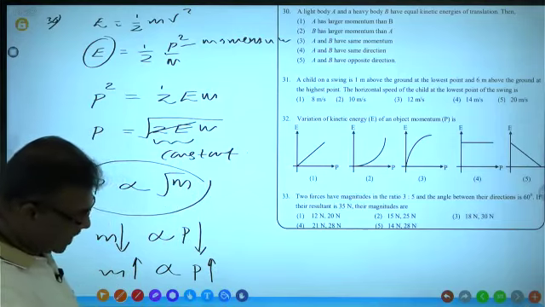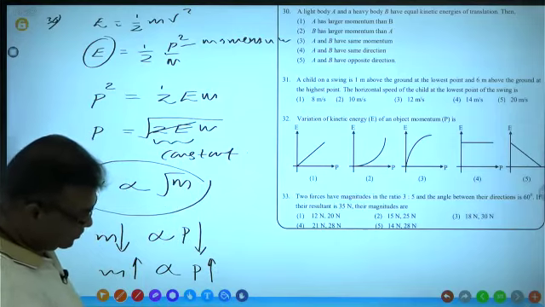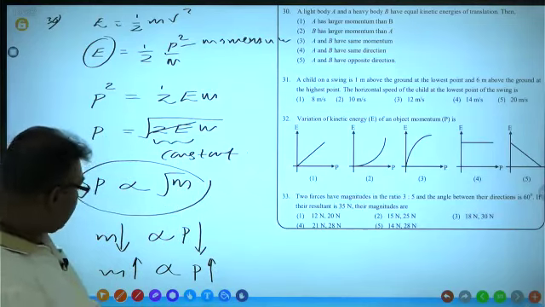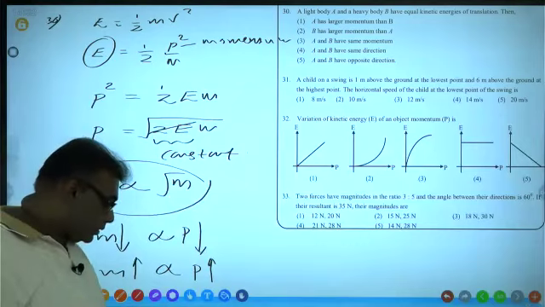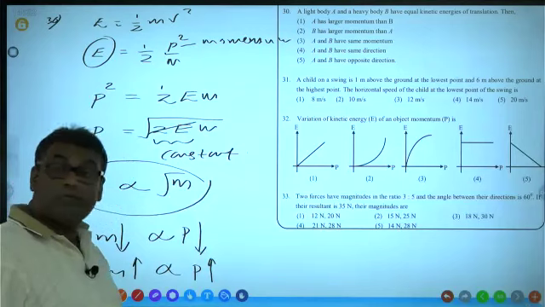The light body A has low momentum, and B should have the larger momentum than A, no?